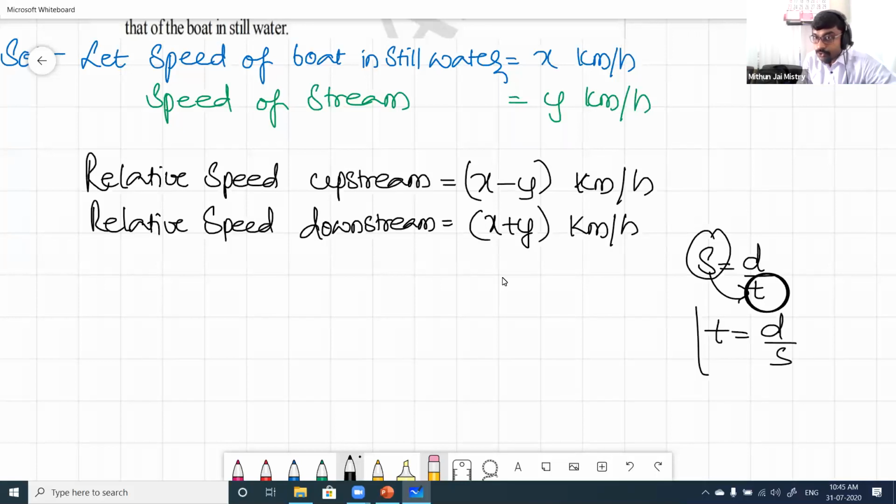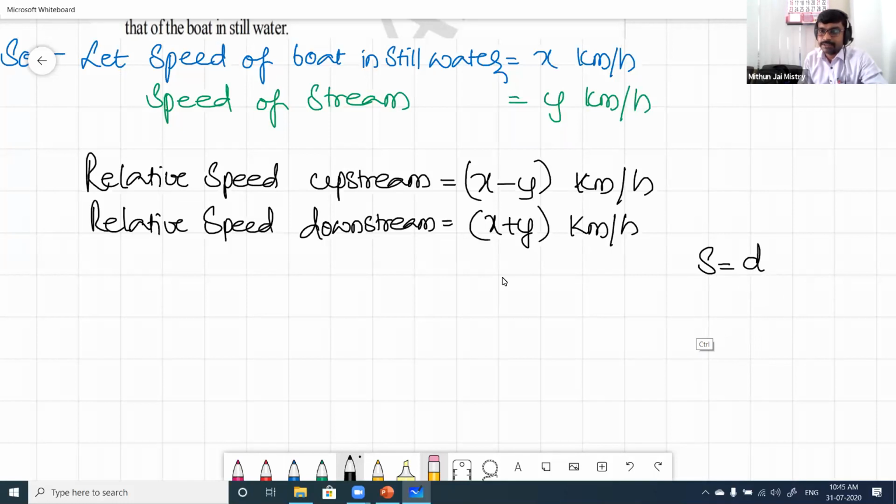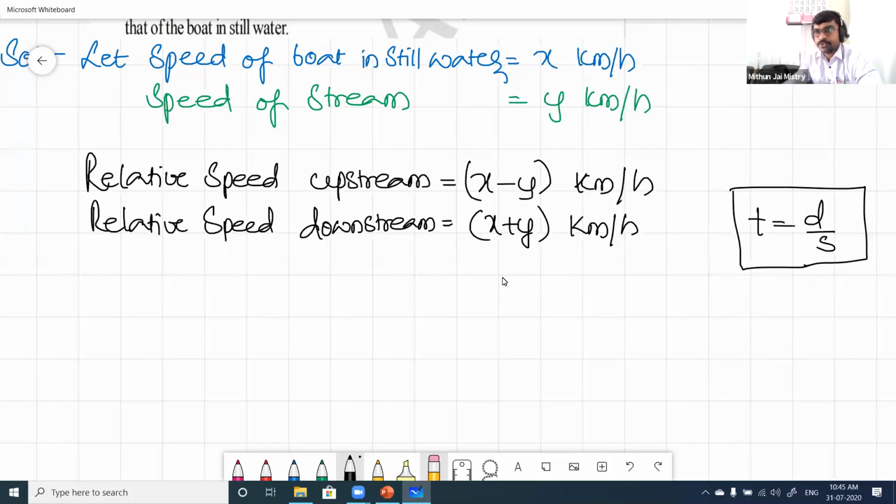T is equal to d by s. So distance traveled by speed will be nothing but the time taken, right? So here, let me write, time is equal to distance by speed. The same logic we are going to use, right?